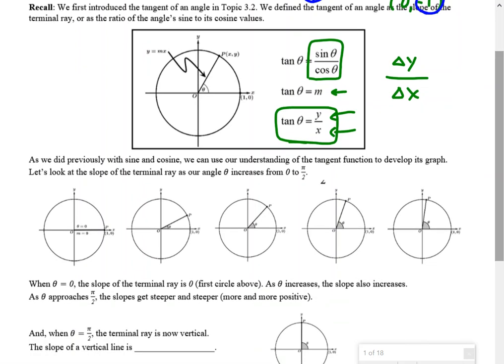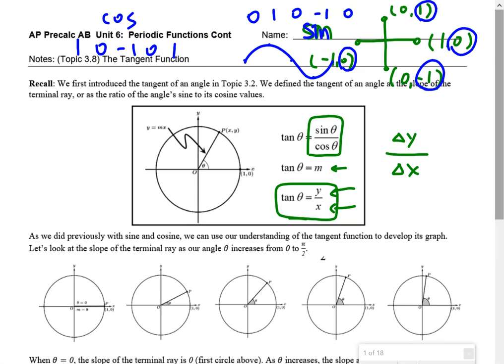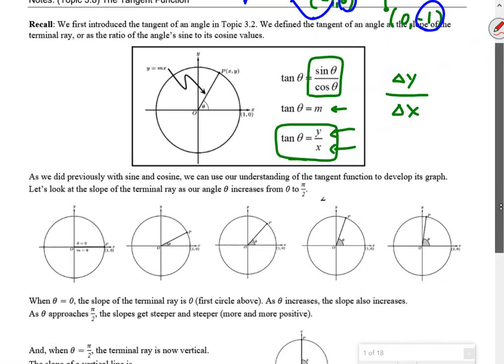Let me look at the first quadrant first and see how sine over cosine, or y over x, is changing in the first quadrant. As you can see how sine was changing for the entire unit circle, tangent is changing as well.